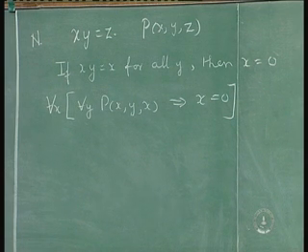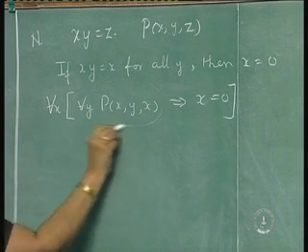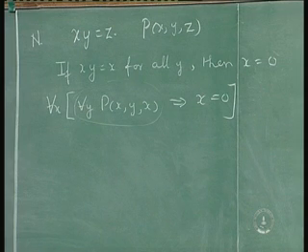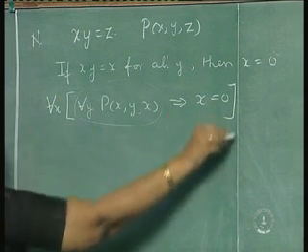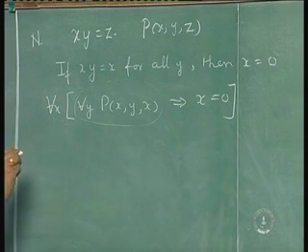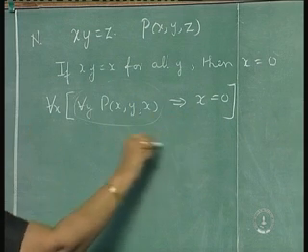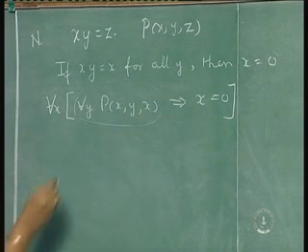Now, the scope of the quantifier y is this, and the scope of the quantifier x is this whole thing. So, you have to remember that this is the way it has to be written.